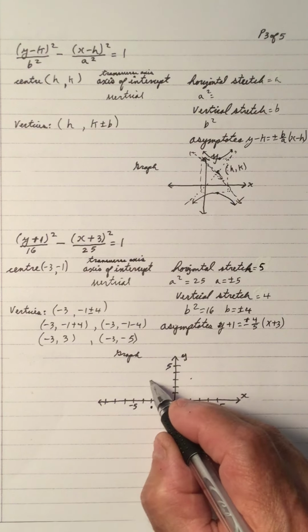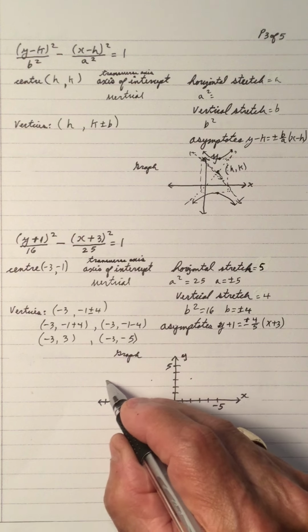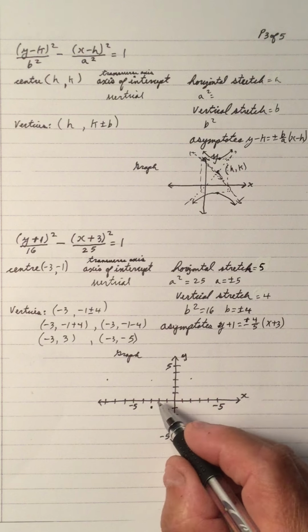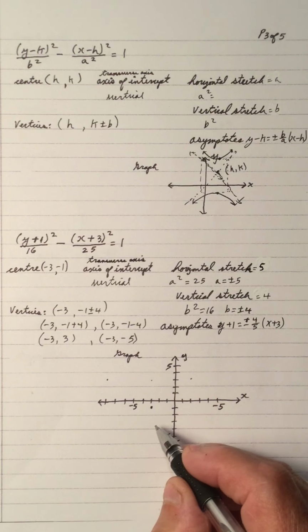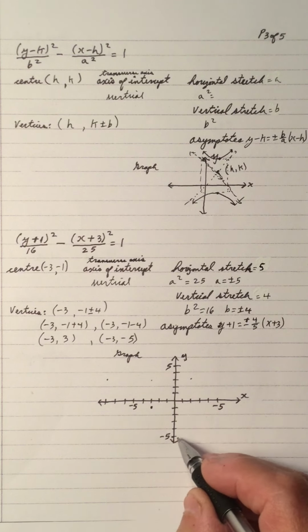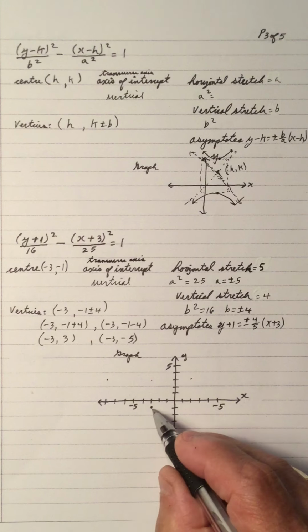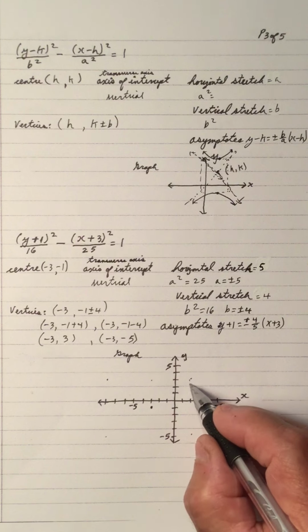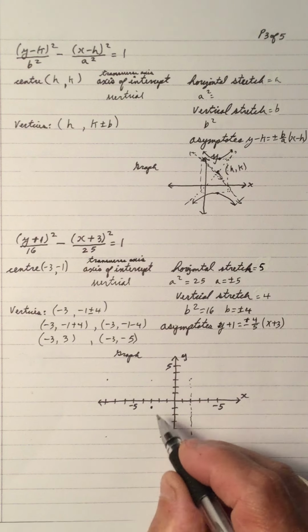And we'll go left 5, right there. And now we'll go down 4 from the center. So we go 1, 2, 3, 4, right 5, down 4, left 5. This is the corner of what they call the rectangular box.